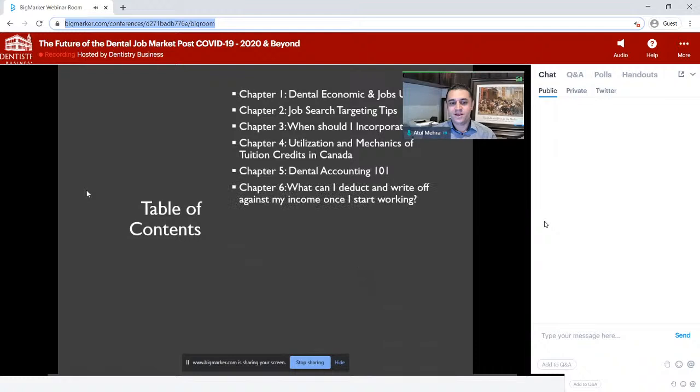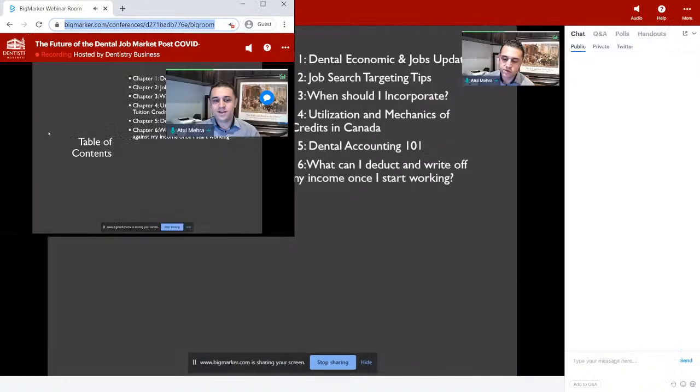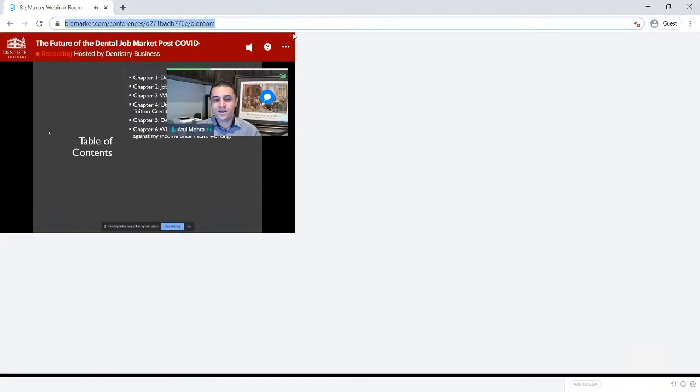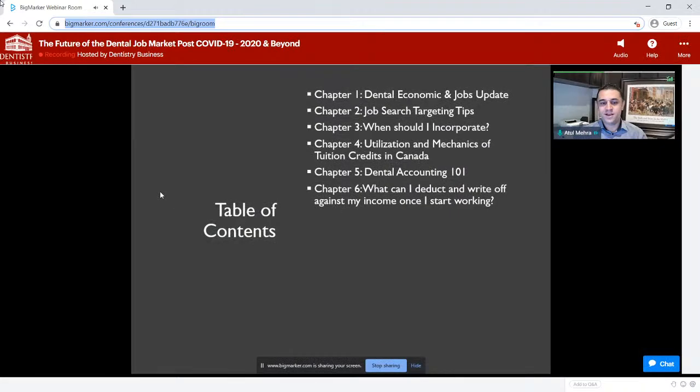As well, for those of you that are looking at associating this year, or your new associates, or even those of you that have been associating for a while, we're going to look at what some of the deductions are that you can deduct against your income, so that you can mitigate your tax burden. We're going to go through some of the categories and show you an example of some of the worksheets that we provide to our clients.